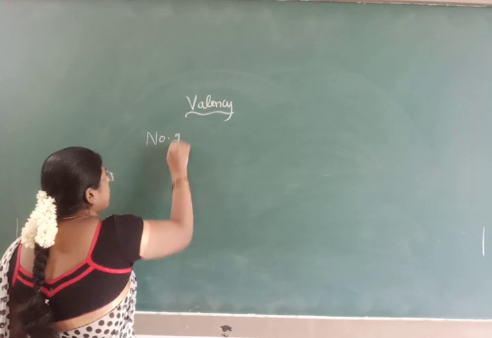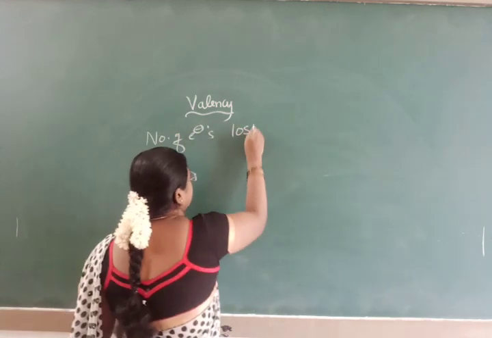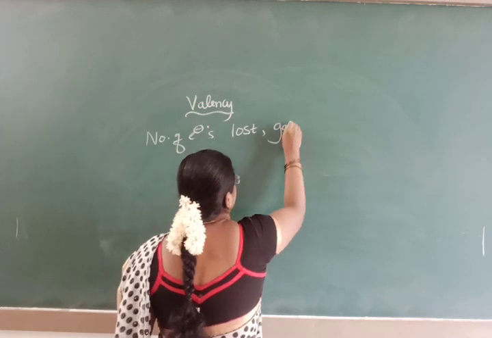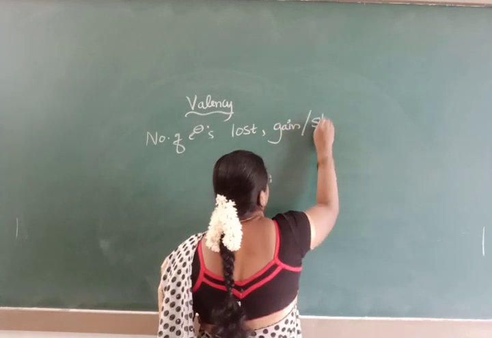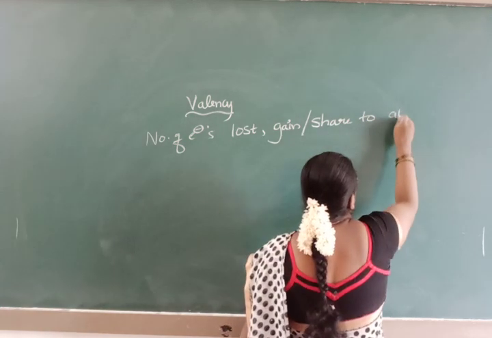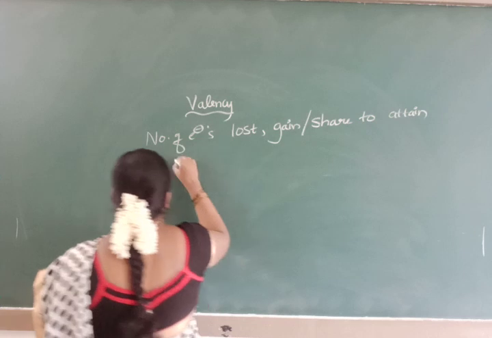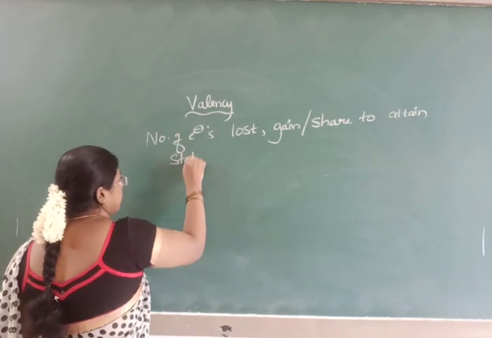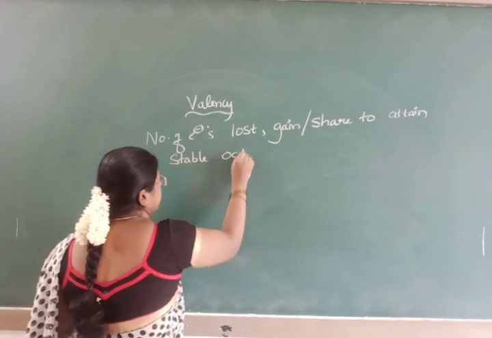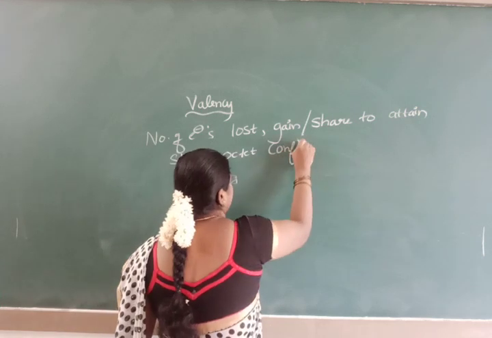So the definition of valency: the number of electrons lost, gained or shared to attain a stable octet configuration. Octet means it should have 8 electrons in its outermost shell.